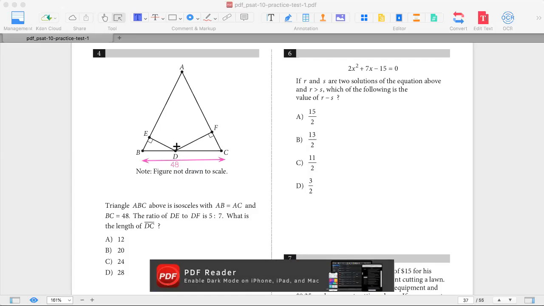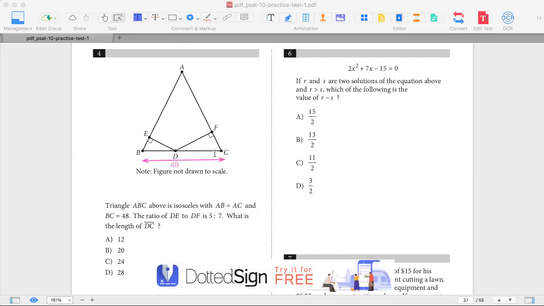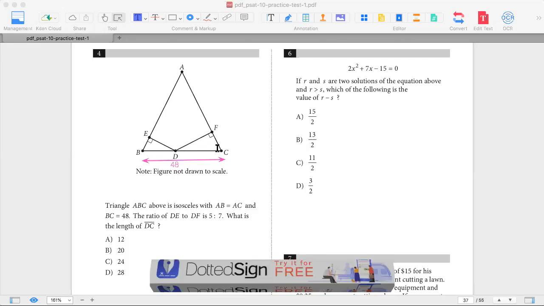Again, I will say it again and I will try to write it here. I have here an isosceles triangle. AB is equal to AC. So the base angles, angle B and angle C, are congruent. Additionally, BED and DFC are right angles. So this makes triangle BED and triangle DFC similar.